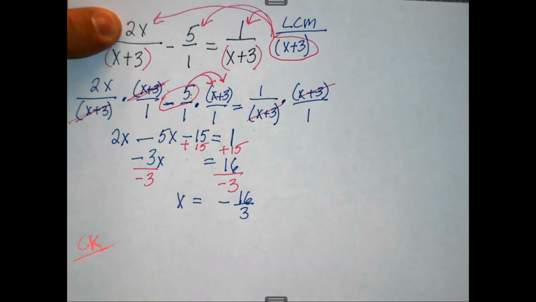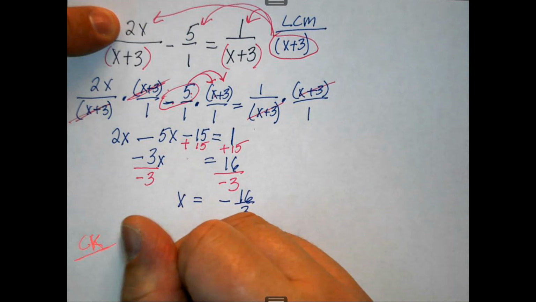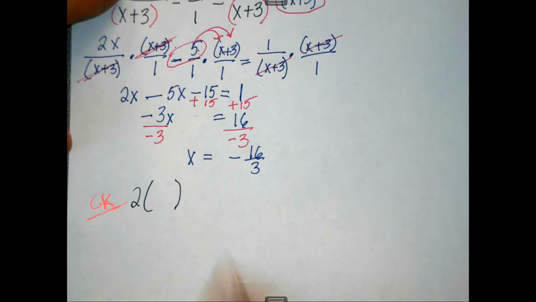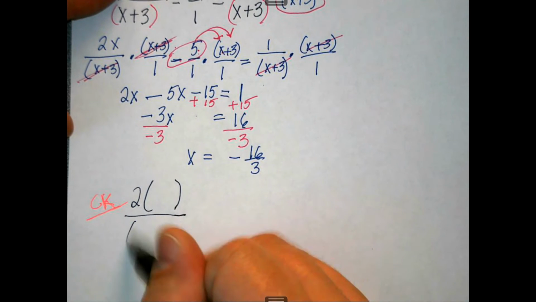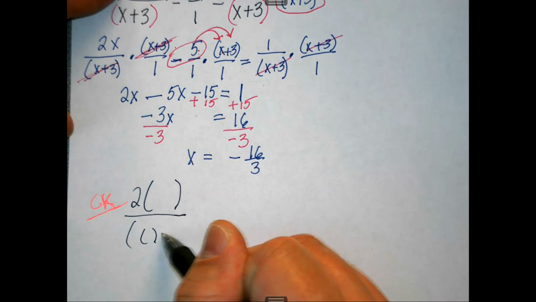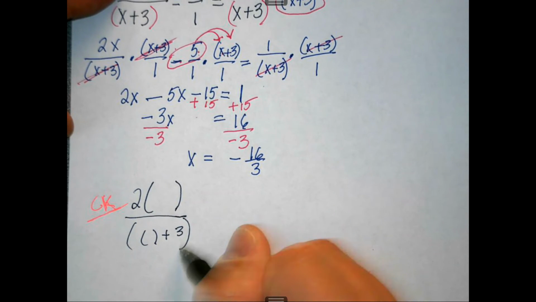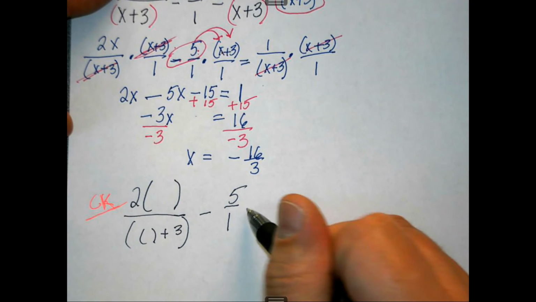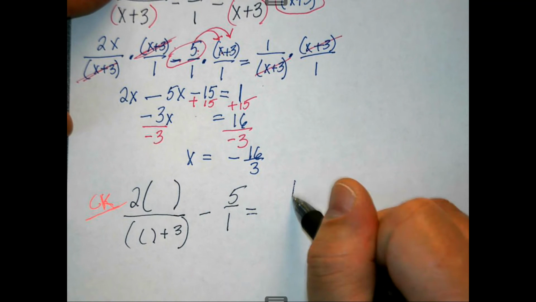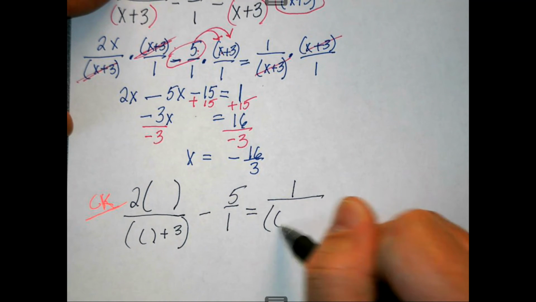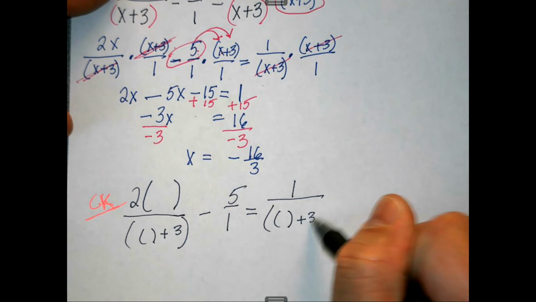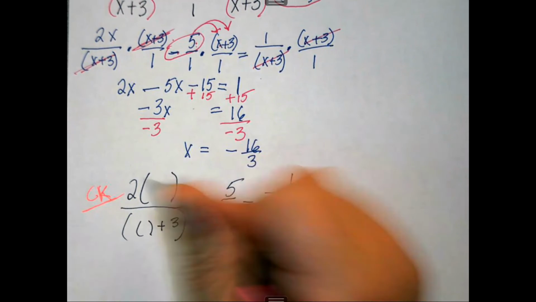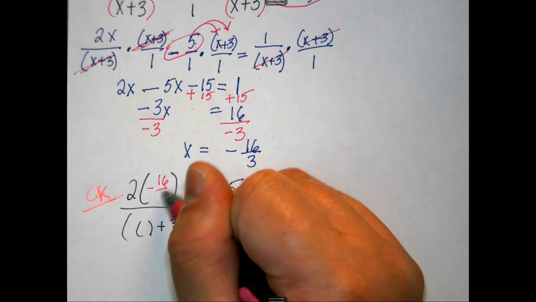So my original problem, 2 times x over x plus 3 minus 5 over 1 equals 1 over x plus 3. And my x is negative 16 thirds.